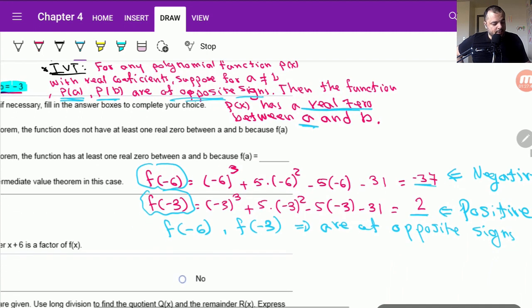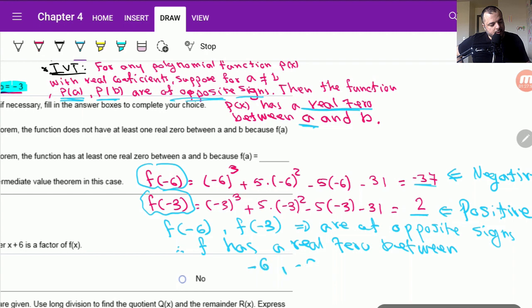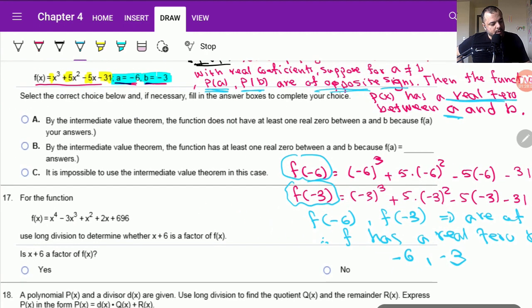So we do have then f has a real zero between these two numbers, between the negative 6 and negative 3. So let's check the answer.